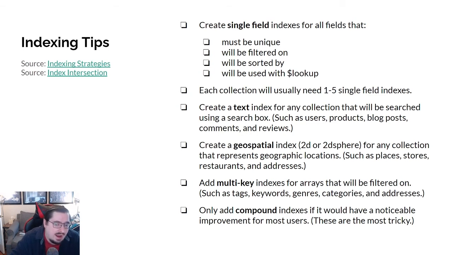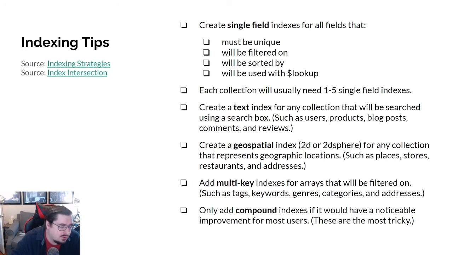Any collection that has any sort of geospatial information should get a geospatial index. So if you have latitude and longitude information, you should index that latitude and longitude information, period. Because that's necessary to do any of the math and the searching based on location.